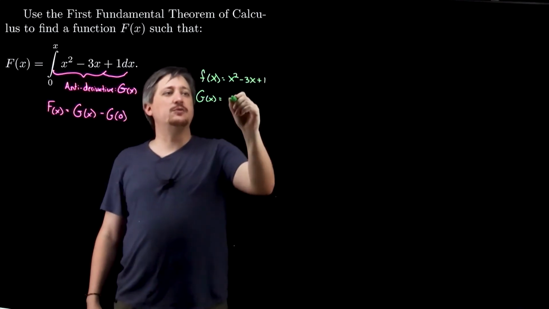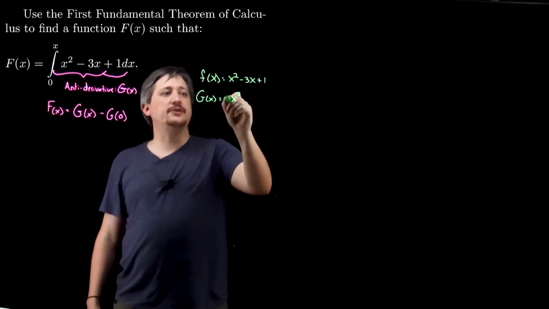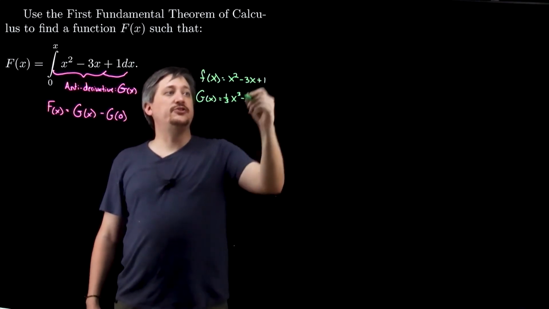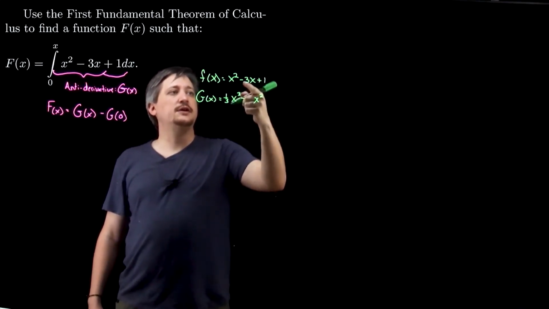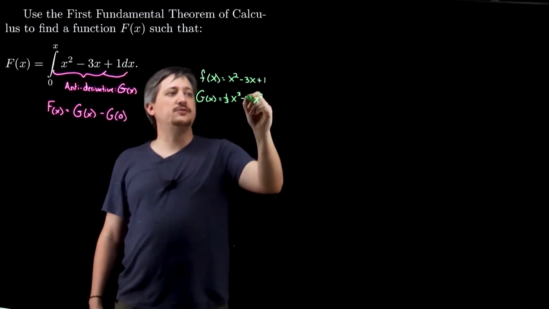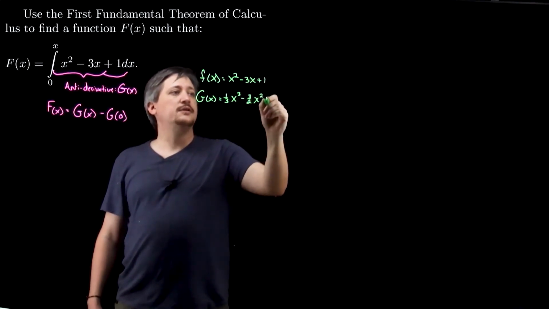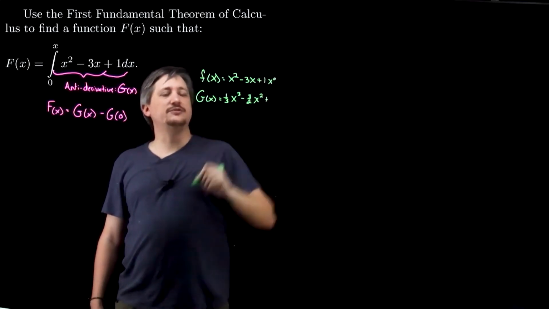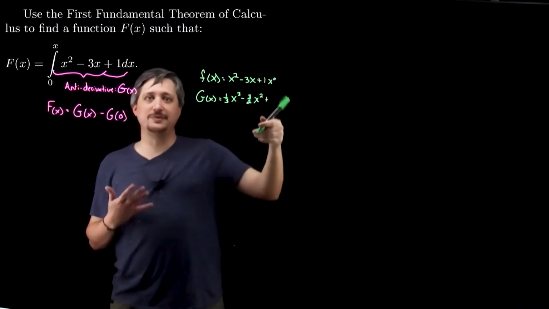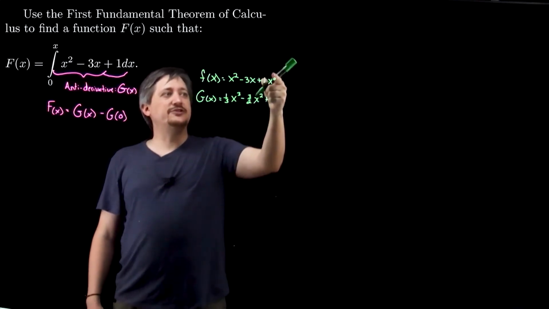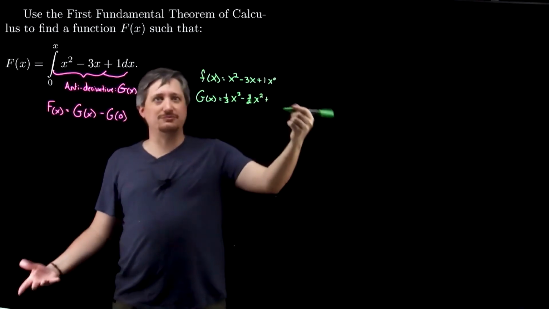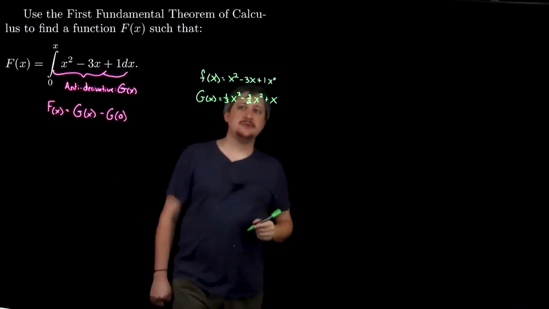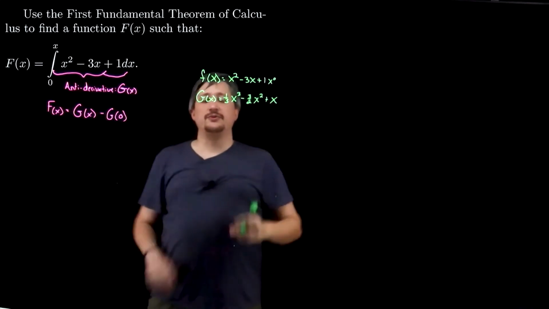So here I'd increase it by 1 to get x cubed, and then divide by 3, so I get 1/3. Here I'd increase the 1 to 2, so I get x squared. The 3 is still there, but then I divide by 2, so I get 3/2. And my x is really like x to the 0. Not that I'd normally write that, but I can think of it as x to the 0. So I would increase it by 1 to 1, then divide by 1, which does nothing, meaning that this just becomes x. So this is an antiderivative.